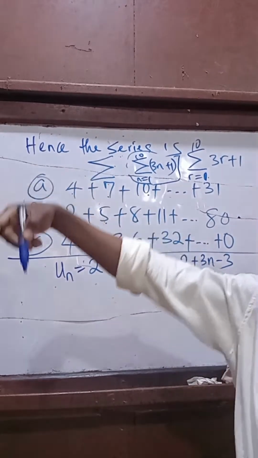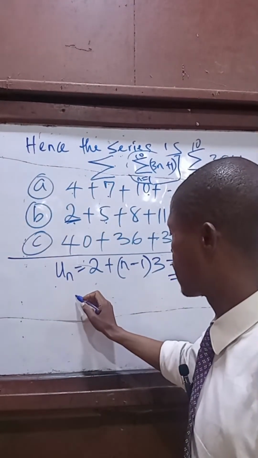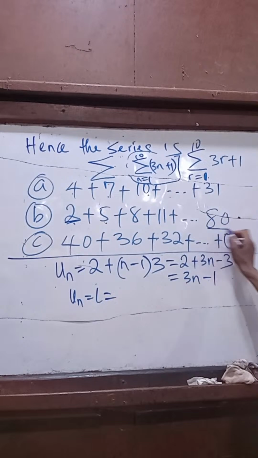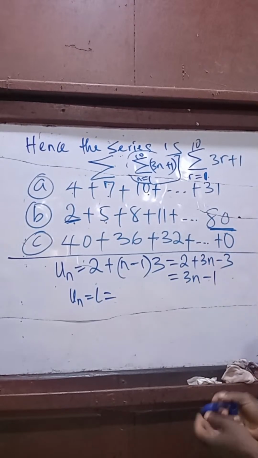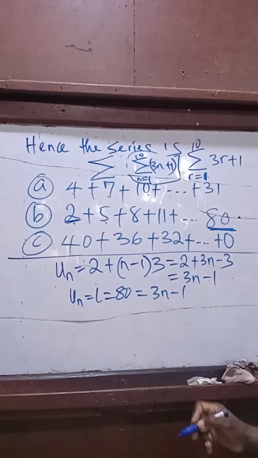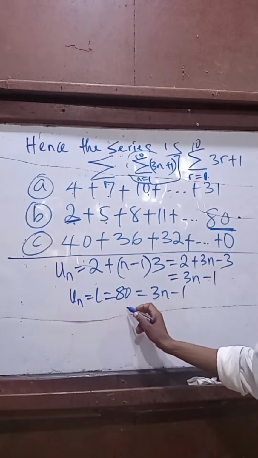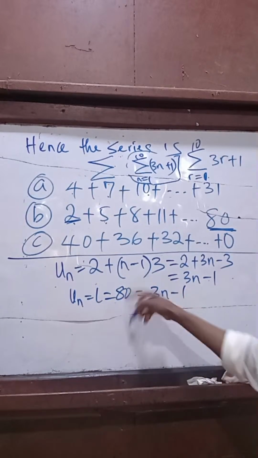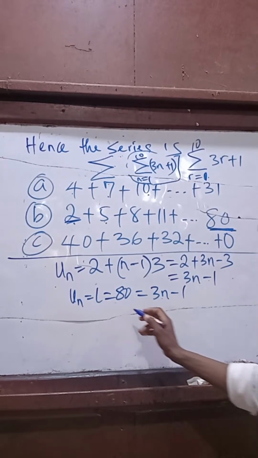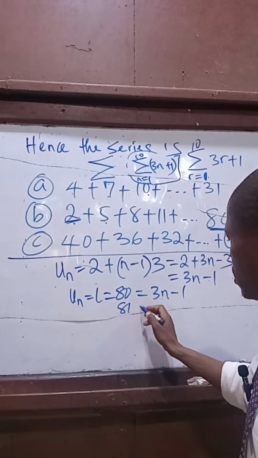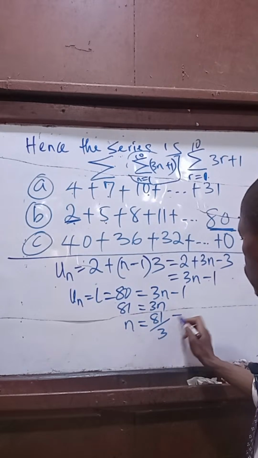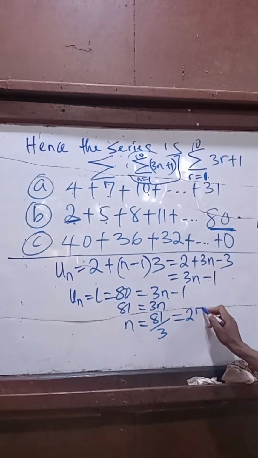So let's get the number of terms. This formula is equal to L, and L is the last written number. That's 80 equal to your nth term. So this minus 1 goes to the other side, that's plus 81 equal to 3n. So n is equal to 81 over 3, which is equal to 27.